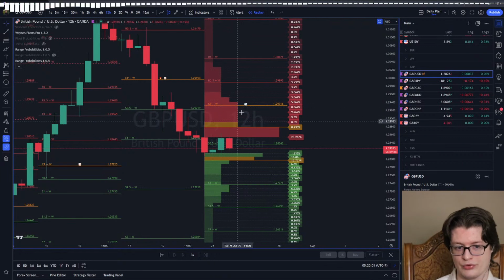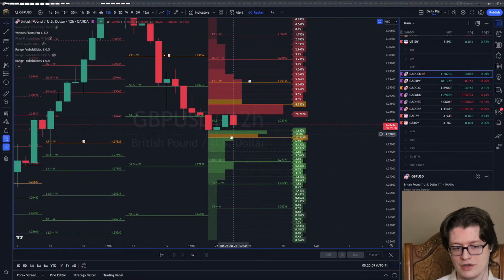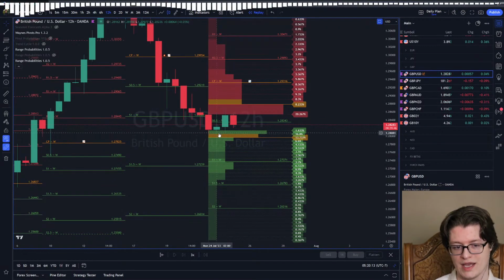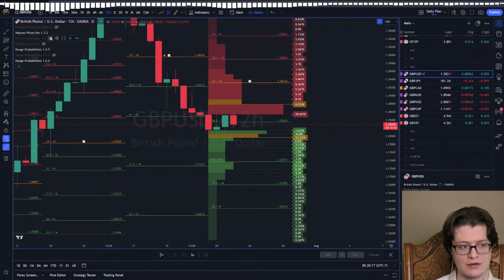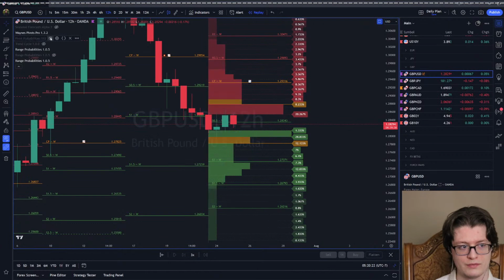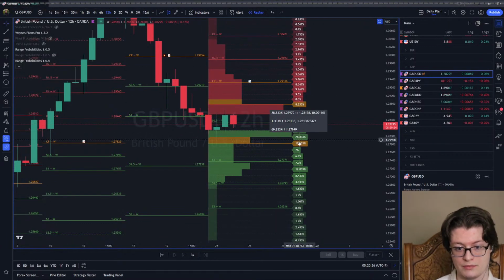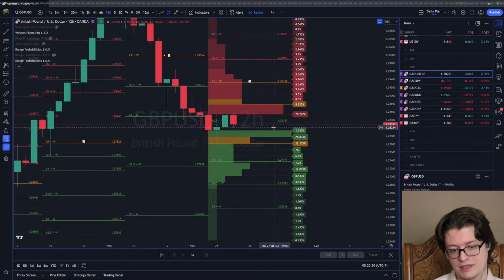So you've got good odds of hitting that weekly central. This is a matter of were you able to catch this 128 buy around here, based off the combination of this probability weighted pivot low and these very strong probabilities for buying off those lows.